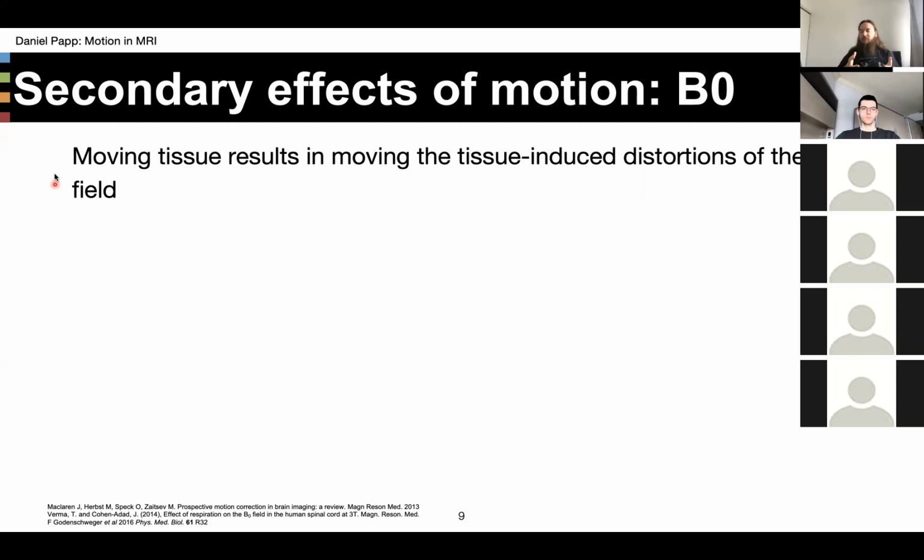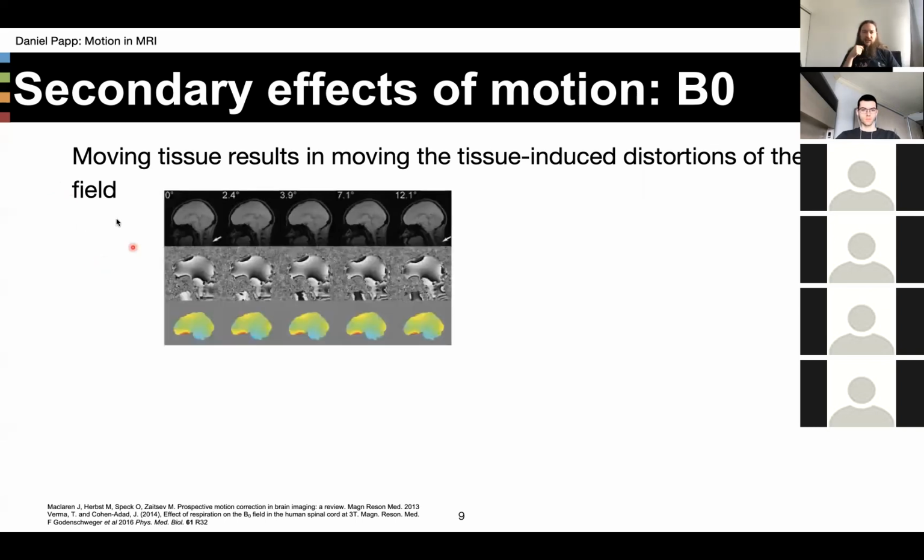And then we put a human being into that. And because human beings are not isotropic spheres, this B0 field gets distorted. However, if they move, then these distortions move as well.